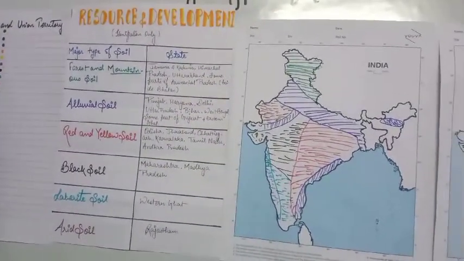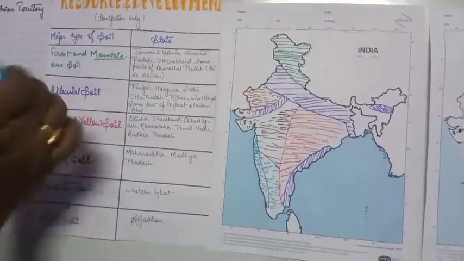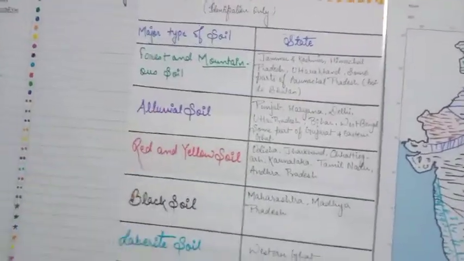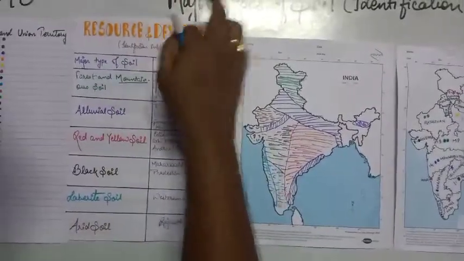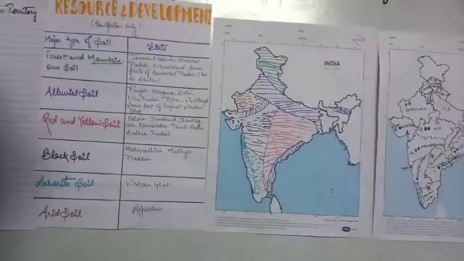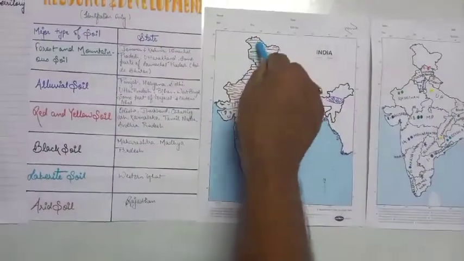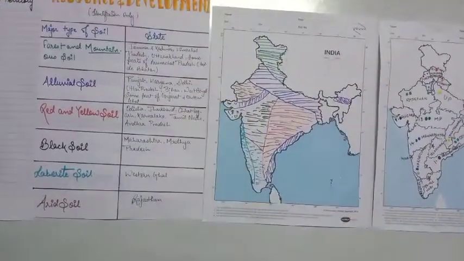Is it clear? So here, that is the name of the soil. This name is written in different color, and according to the name of different colors, just I have shown the major types of soil, and you will have to identify. So listen once again for identification. This soil is known as forest and mountainous soil.